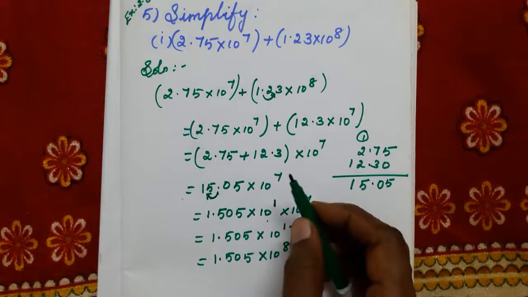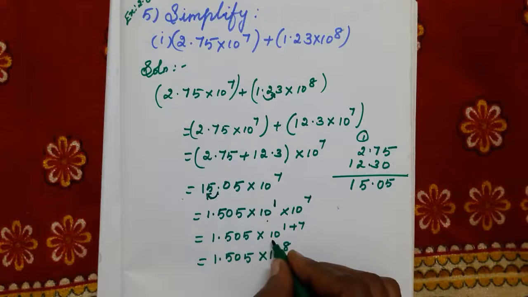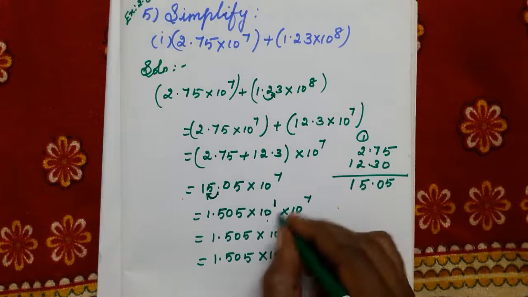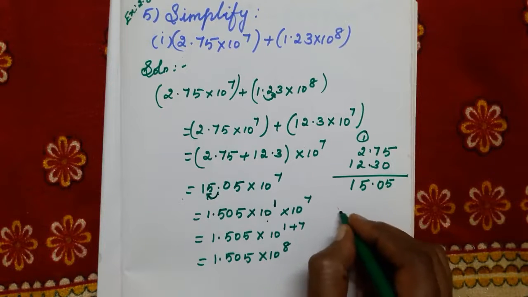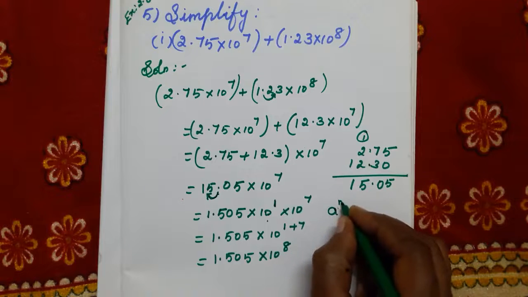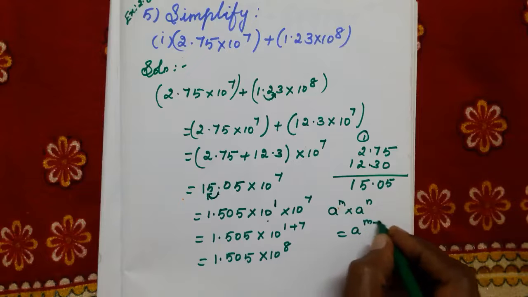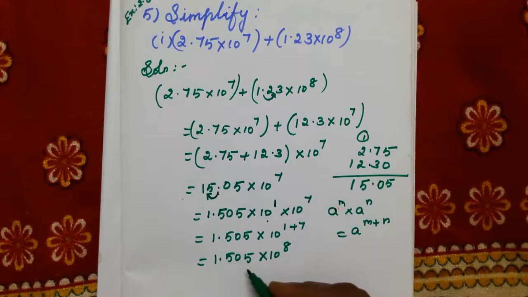Same 10 power 7. So 1.505 into 10 power 1 plus 7. Here I have used the property a power m into a power n is equal to a power m plus n. So it is 1.505 into 10 power 8, is the answer.